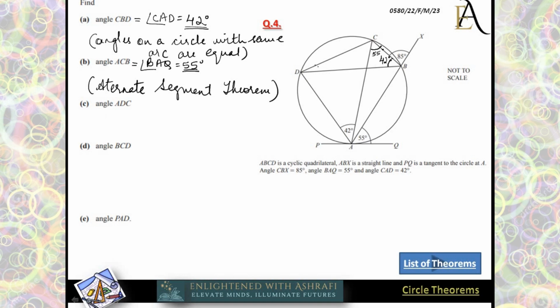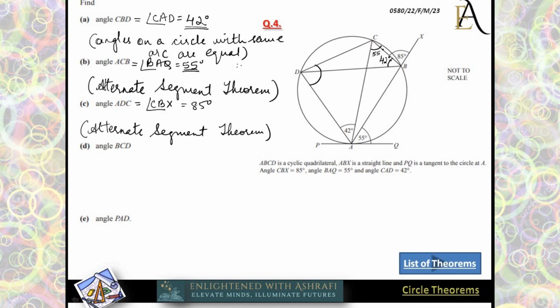Then ADC. Again, ADC is a part of a cyclic quadrilateral which has an exterior angle. So this will become equal to angle CBX, which is equal to 85 degrees. Again, this is alternate segment theorem.